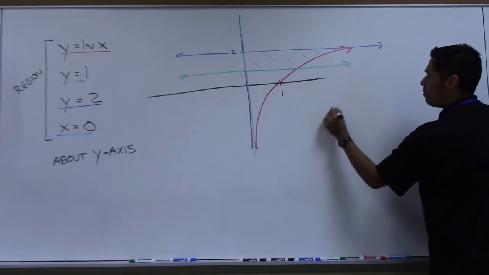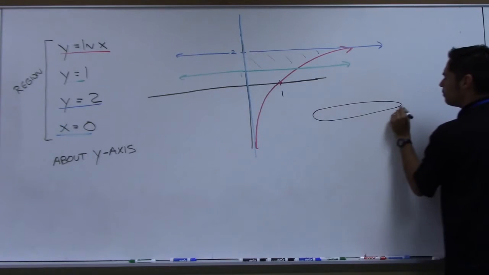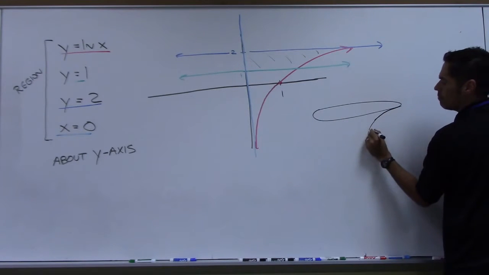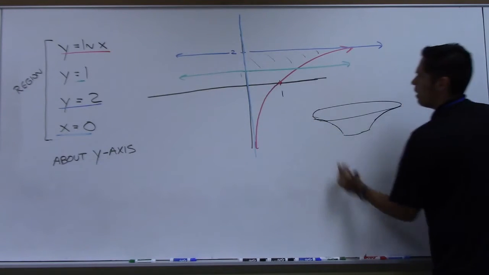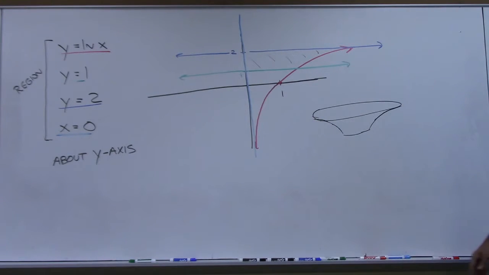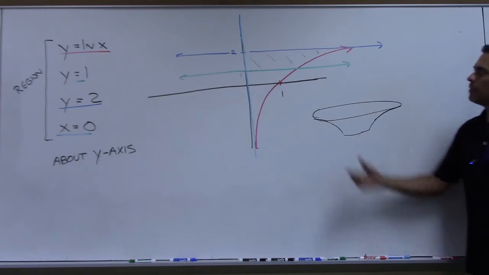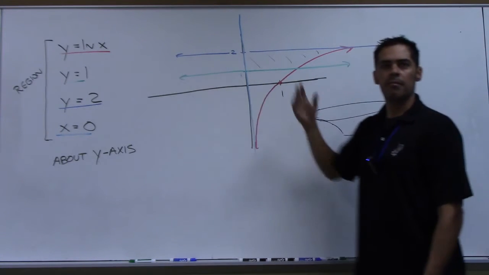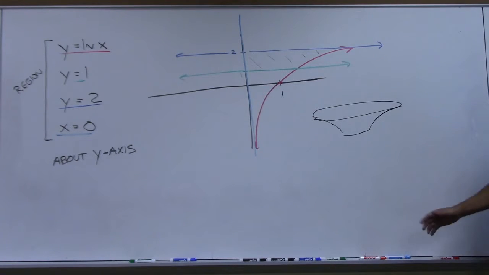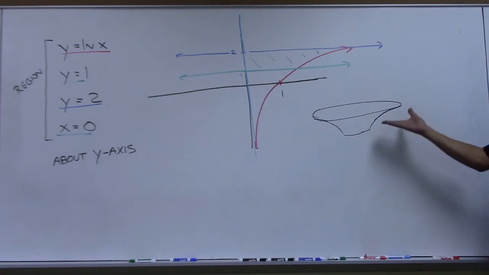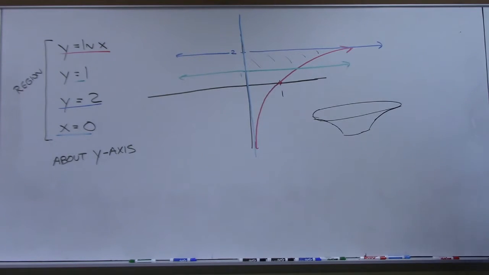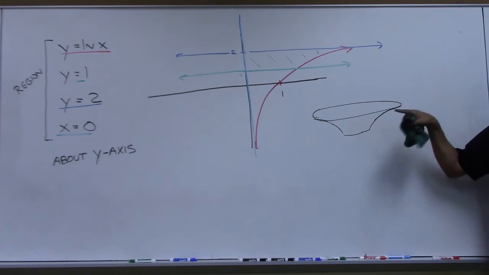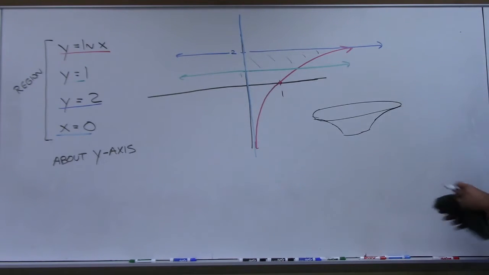If I rotate that around the y, it would look like this, almost like a tabletop or something. Is that close enough? Do you see it? That has a different volume than the other axis of rotation, so we need to figure out what it is.